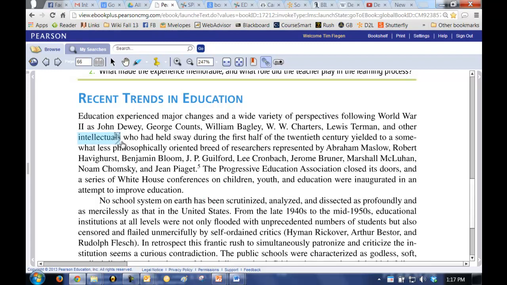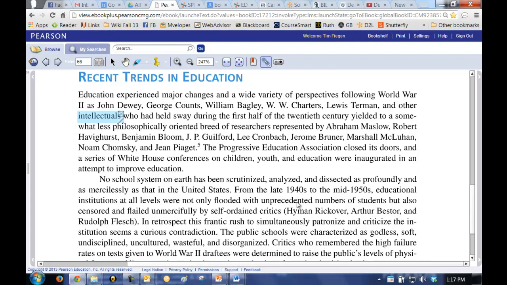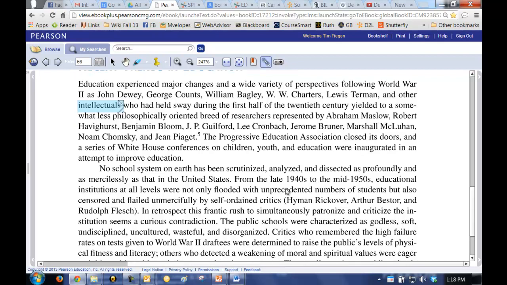I find that word offensive too, to describe some as intellectuals, that they had a different perspective. They had held sway during the first half of the 20th century, yielded to a somewhat less philosophically oriented breed of researchers represented by Maslow, Havighurst, Bloom, Guilford, Bruner, these folks, Chomsky, Piaget.